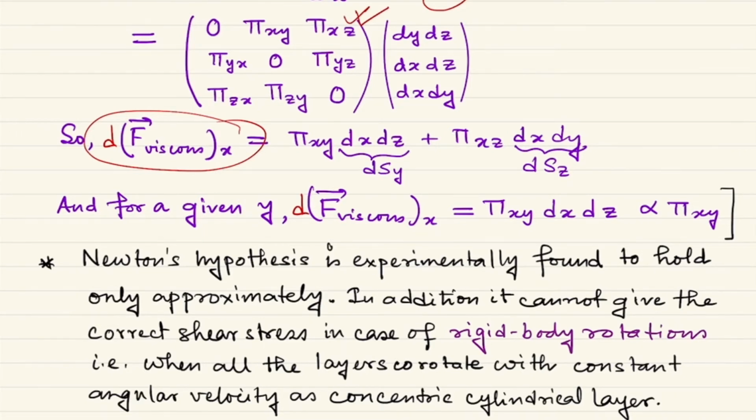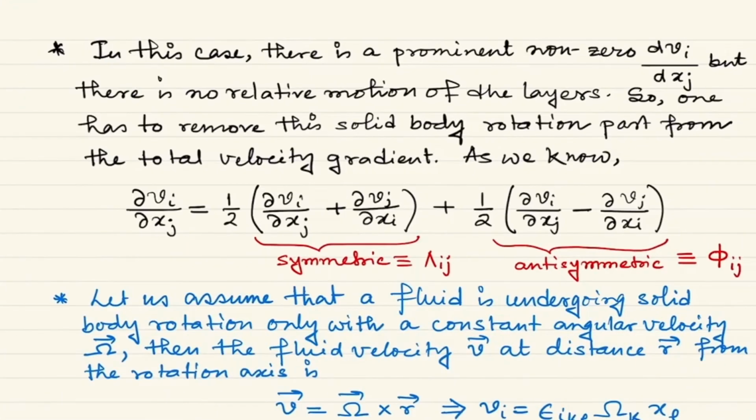So it is true that they have a linear velocity gradient. I am coming to that. So that's exactly what is explained here, that when the fluid is undergoing a solid body rotation, solid body rotation means omega is constant. The angular velocity is constant.